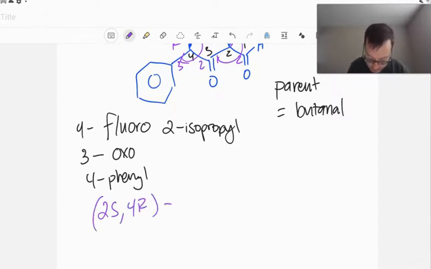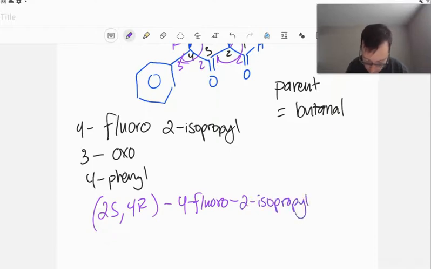Now let's do this alphabetically. Fluoro first, then isopropyl, then, so, phenylbutanol.